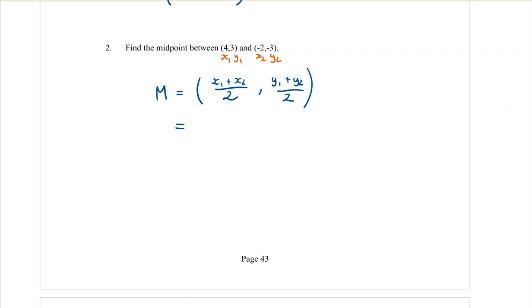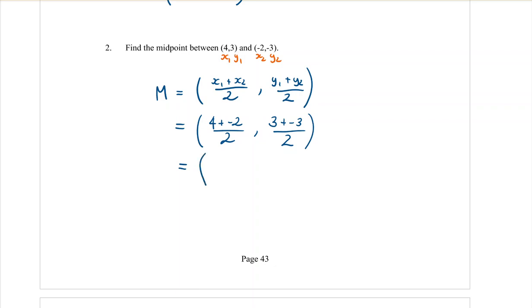Next step, we substitute in. Open our bracket. x1 was 4 plus x2 was -2, all over 2, comma, y1 was 3 plus y2 is -3 over 2. Don't worry about the plus minus signs. Your calculator can handle that just fine.